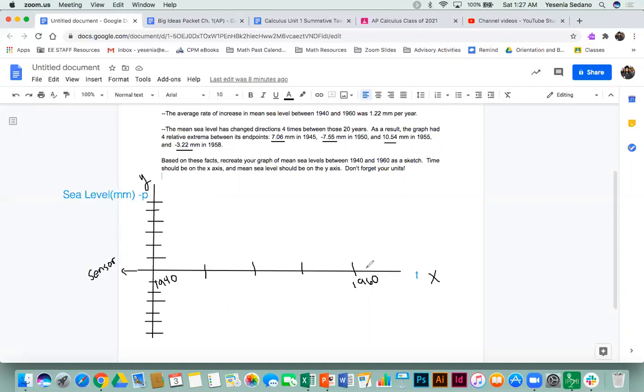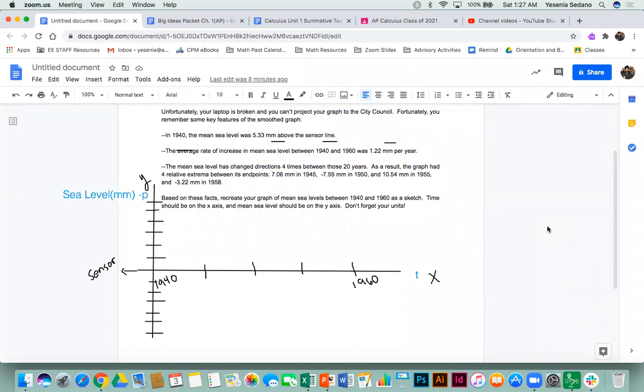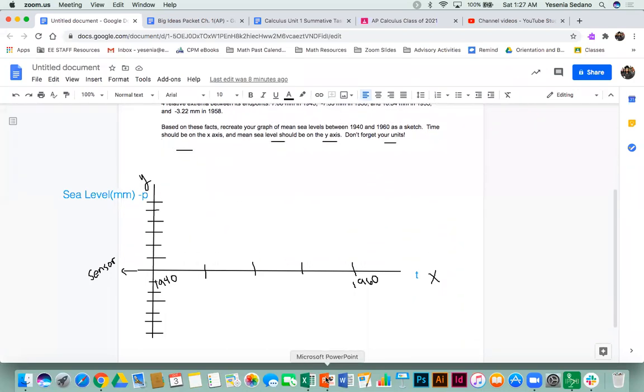All right, let's put down what we got. I just want to scroll up to see that at 1940, the mean sea level was 5.33 millimeters above the sensor line. All right, 1940. I'm going to use red.